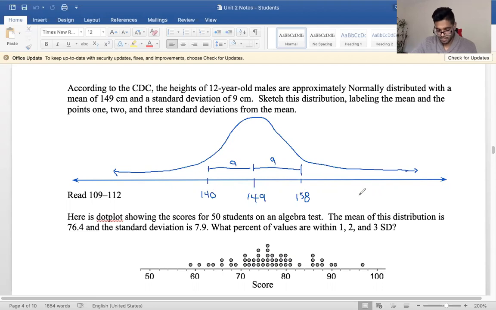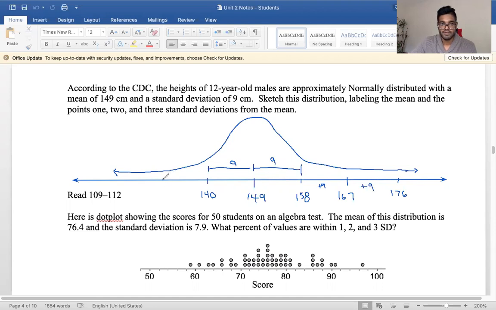Now keep expanding that out. So the next one is going to be 2 standard deviations. Again, make it roughly the same width. So this is now 167. And then one more, 176. Again, I'm just going to keep adding 9. Add 9. Add 9.